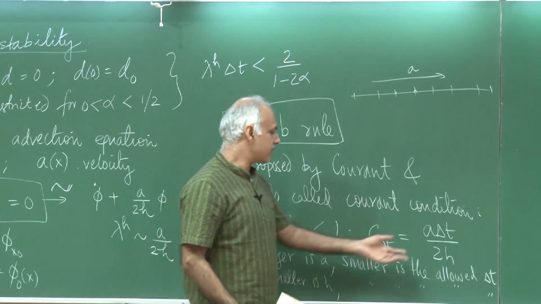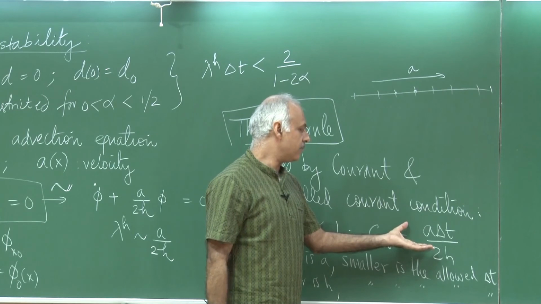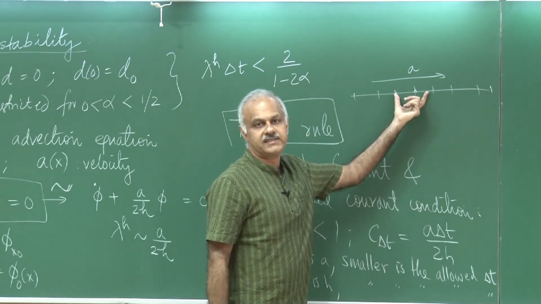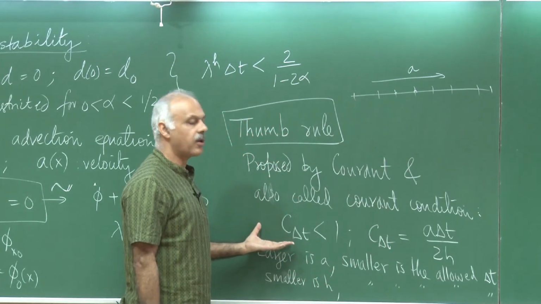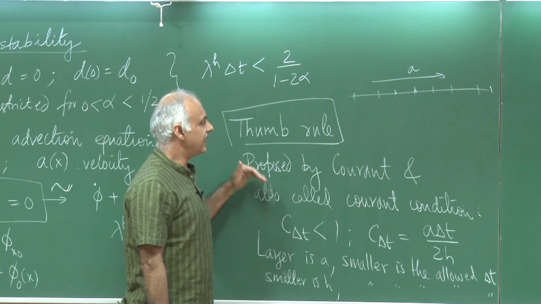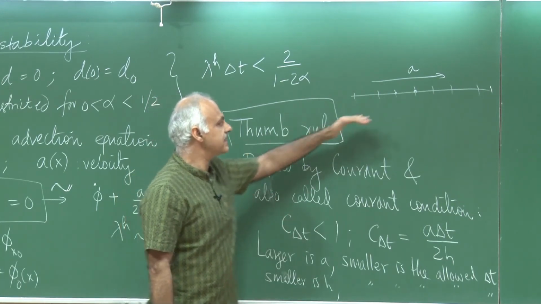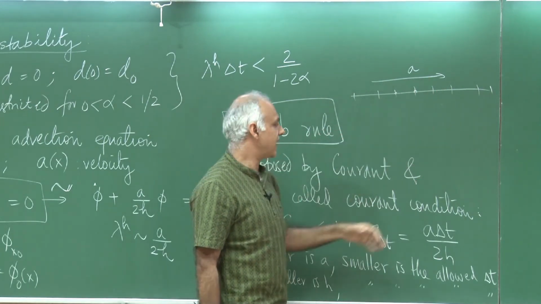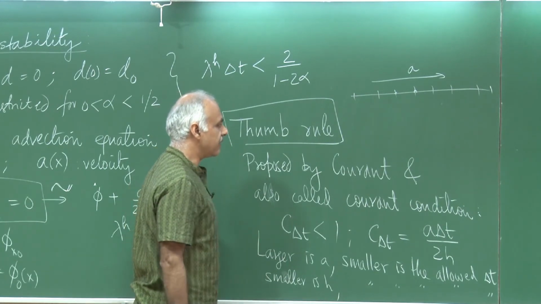And in some sense what we are saying is that it should not propagate more than a cell or more than 2 cells. Okay. So, what we are saying is that if we have a problem of stability, then the information cannot propagate to too many cells at the same time. You cannot jump one cell over the other. Okay. So, that's the Courant condition for an advection.